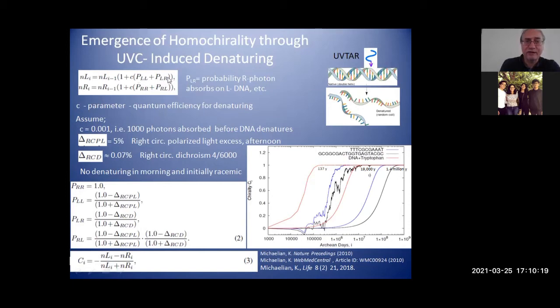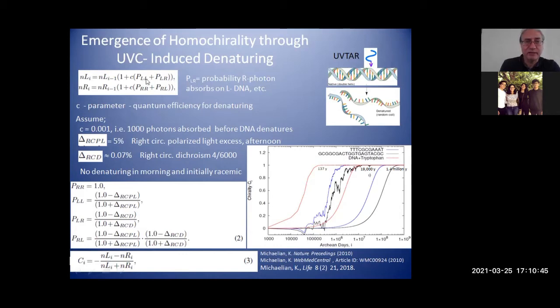The one from right-handed light for right-handed DNA will be more prominent, and the one for left-handed DNA, left-handed light, will be more prominent in the denaturing. So we can calculate what the number of left-handed DNAs will be based on the number in the previous generation and some factor which accounts for this light-induced denaturing.